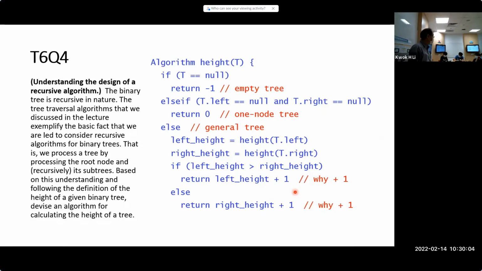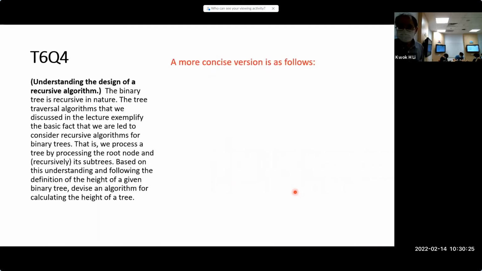So this is my answer, right? I look at it, I check with the book. Seems that the book is easier. So I give you the book's answer. I finish mine and then I check the book's answer. The book's answer is very short here, because it takes care of something. The more concise version is as follows.